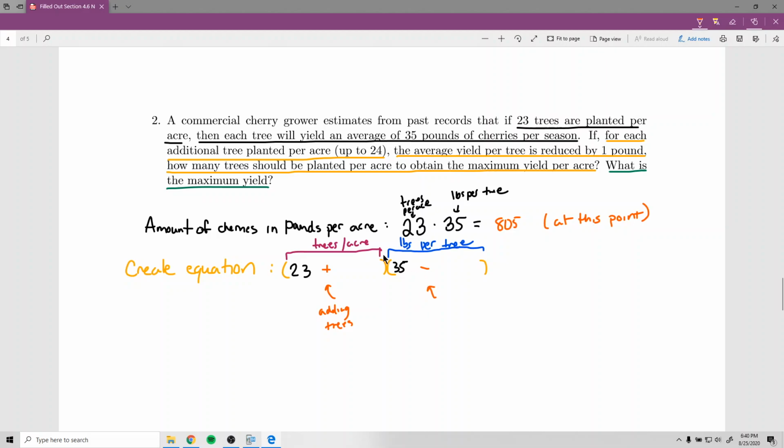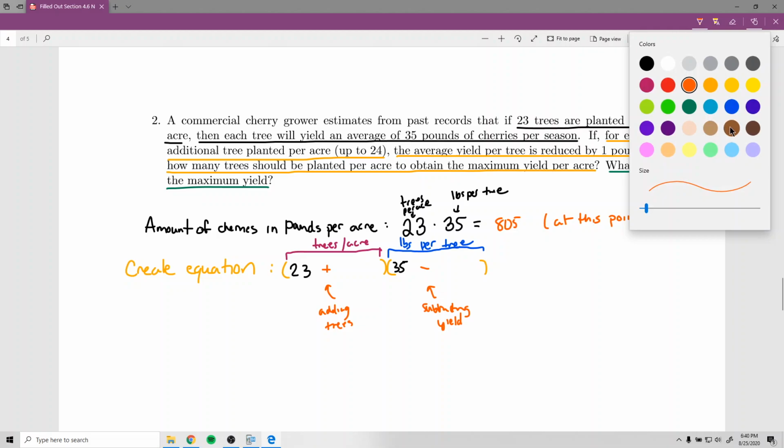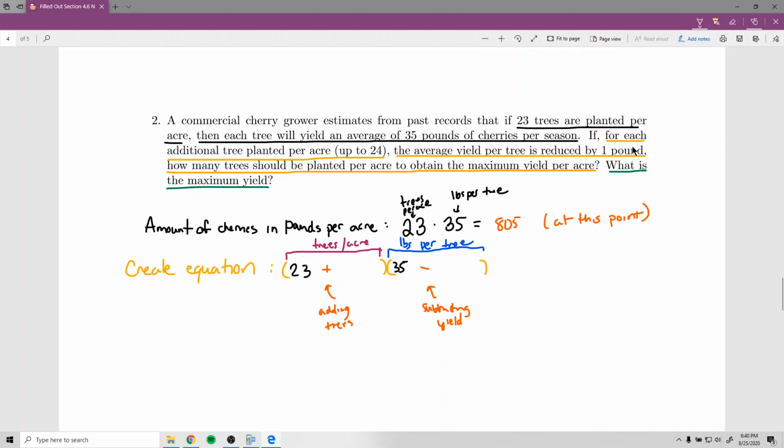So the more trees that are produced here, the less yield we get. And then it says if for each additional tree, so let's let X represent the number of additional trees. We need to give this a variable because we don't know how many additional trees there will be.